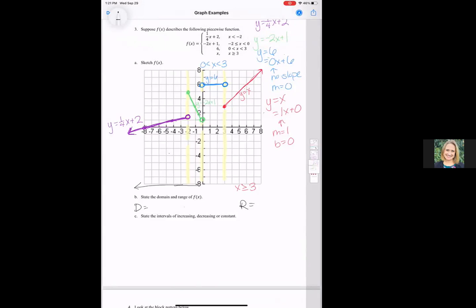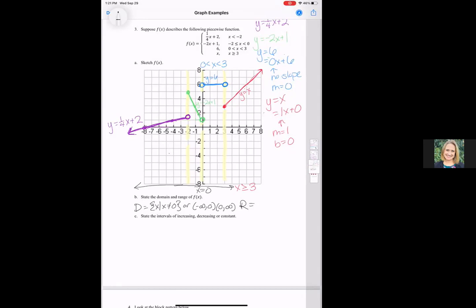But as we go all the way across, and then looking at positive infinity, what I want you to see is that when x equals 0, both of these points, 0, 1 and 0, 6, are that open circle, meaning that 0 is not included. So if we want to write that in set notation, we can write it as the set of all x such that x does not equal 0, or you can write it in interval notation, meaning negative infinity to 0, again, parentheses, 0 is not included, and then 0 to positive infinity.